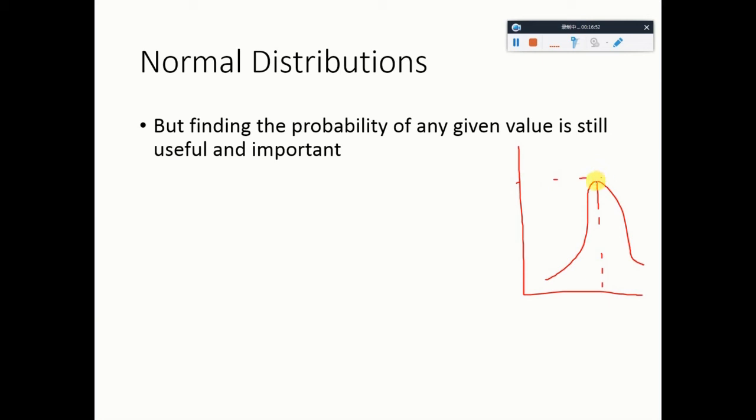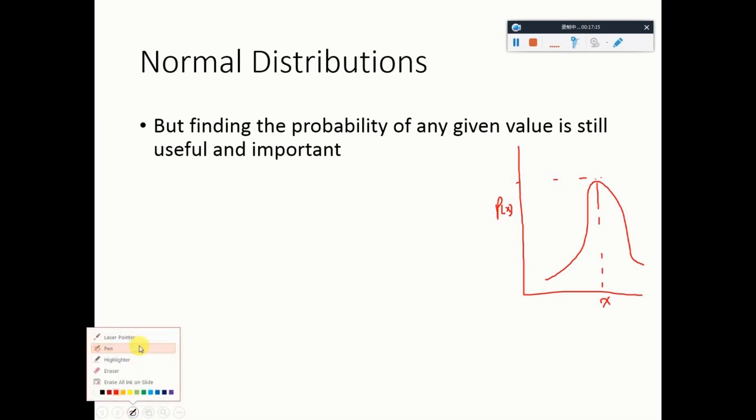So that suggests the height of a curve is actually not the probability of observing a particular value x. The height of the distribution is not what we should be looking for.